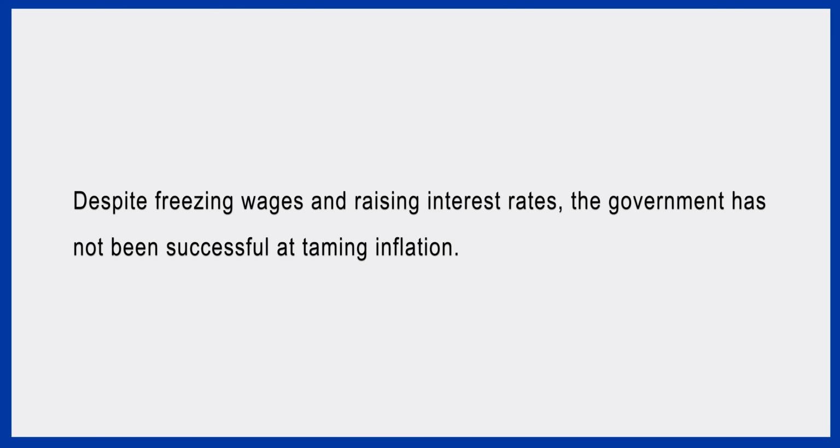Despite freezing wages and raising interest rates, the government has not been successful at taming inflation. In this example, the function of the phrase despite freezing wages and raising interest rates is closely tied to the meaning of the preposition despite.